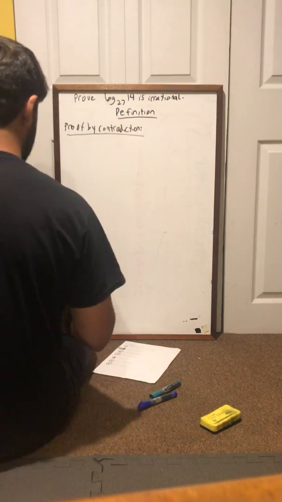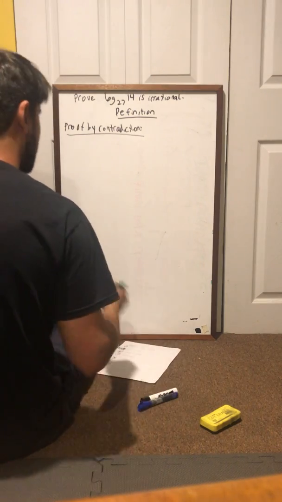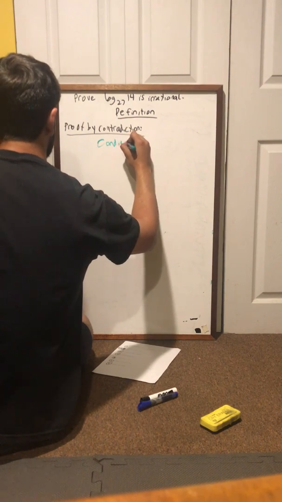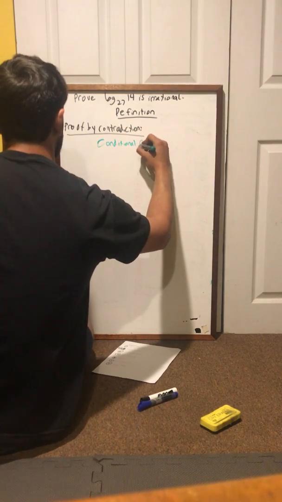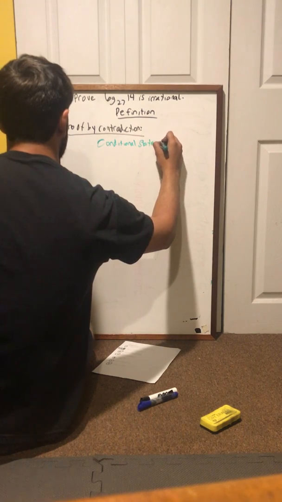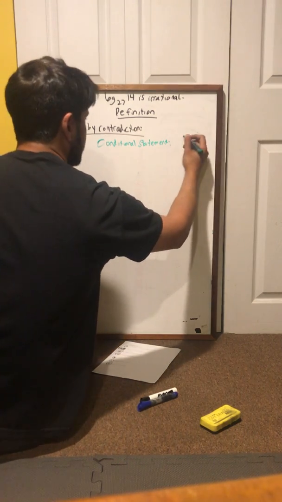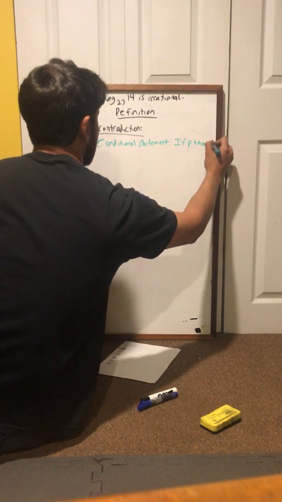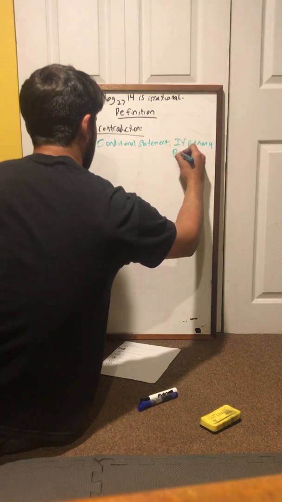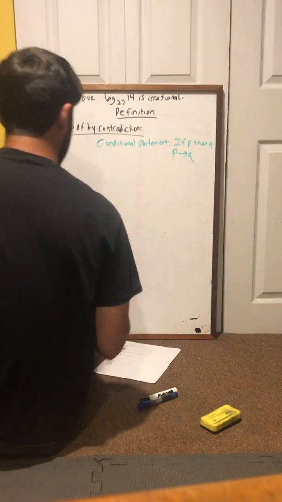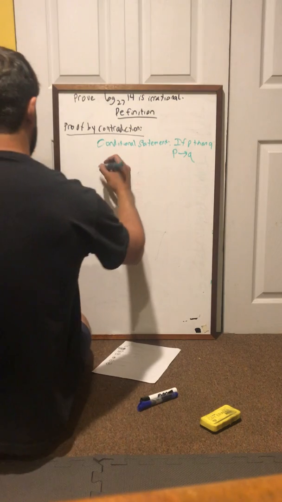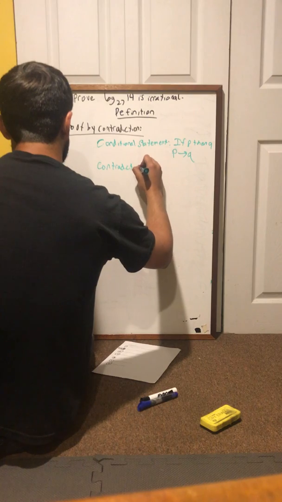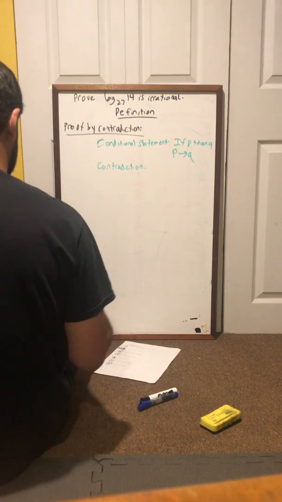Okay, so again, we'll just reiterate that original conditional statement. If P, then Q, P to Q. So now for the contradiction, we want to find something.